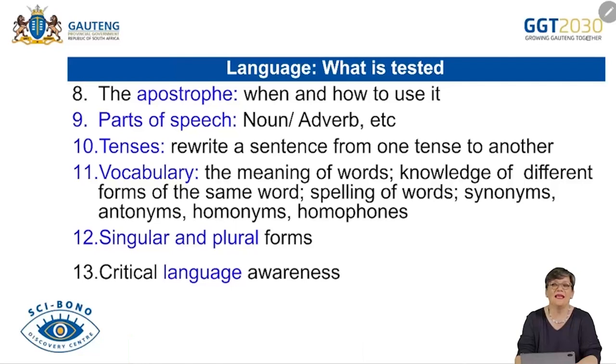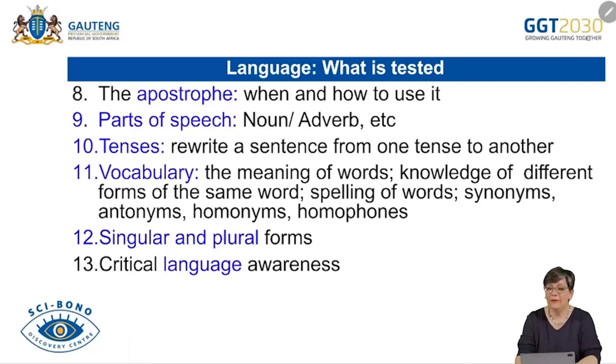And then obviously, critical language awareness. There are quite a lot of things that you have to study for paper 1. Please make sure that you tick the boxes and that you study everything as required.